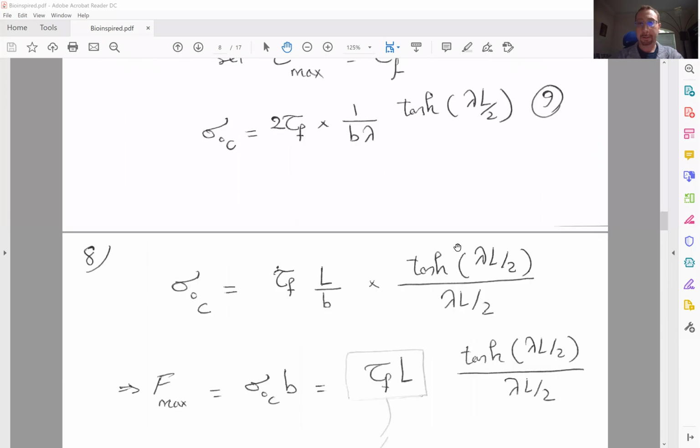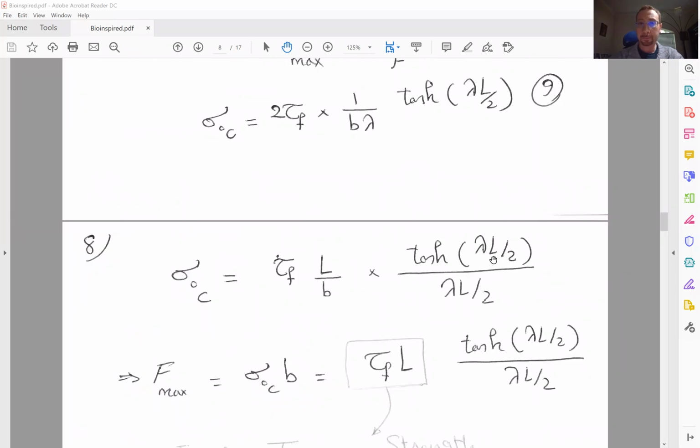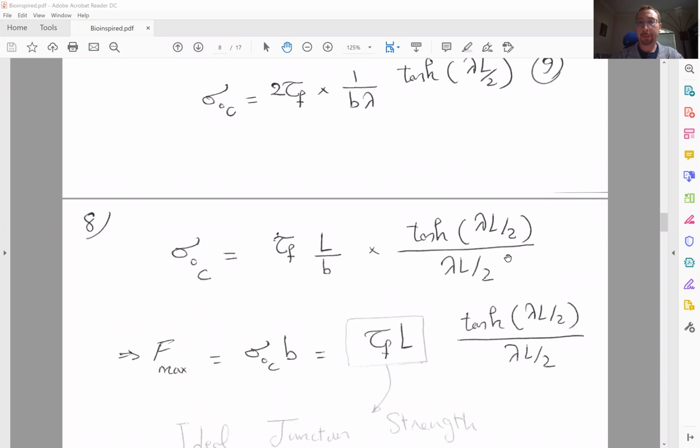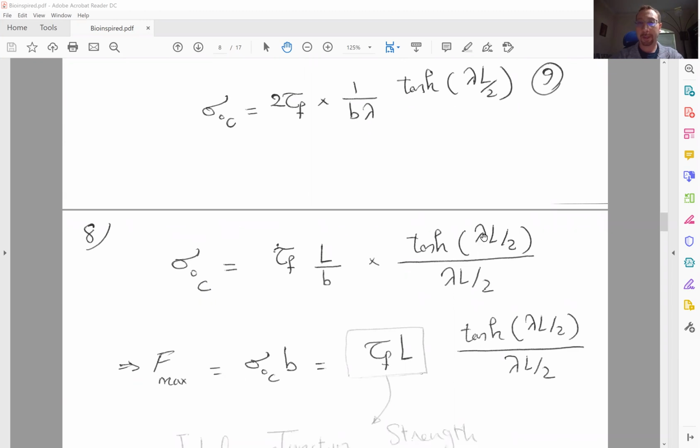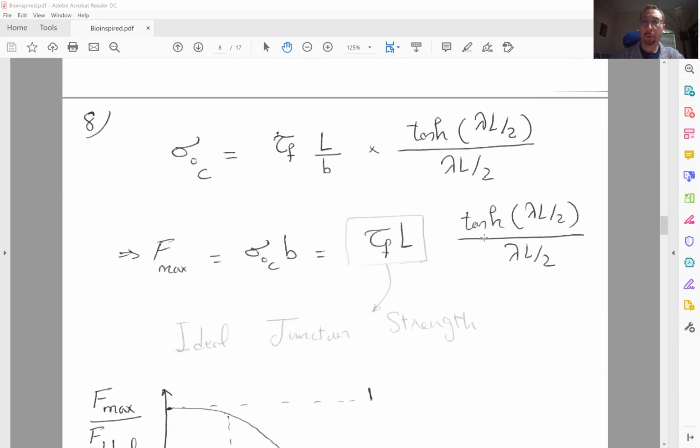And I can just rewrite this equation, equation 9. The whole point of how I rewrite it is to have this ratio that is here, also have it here.